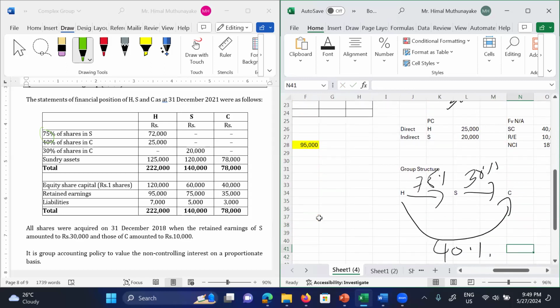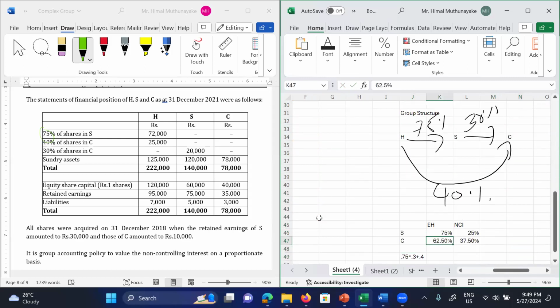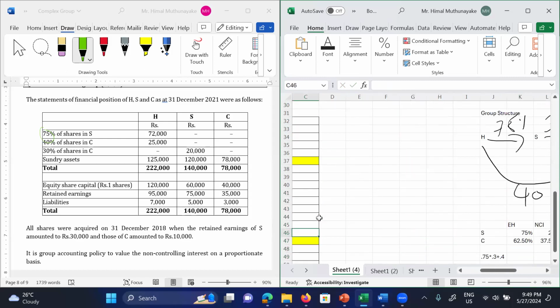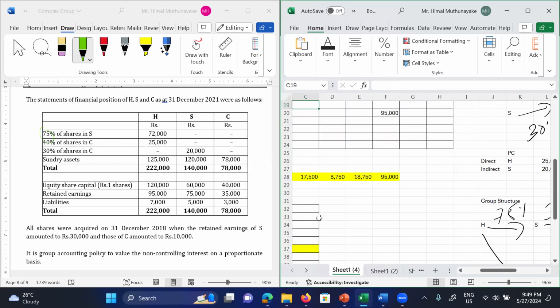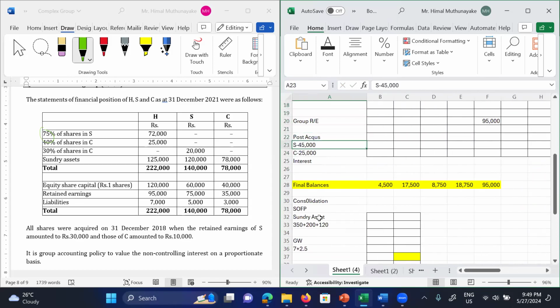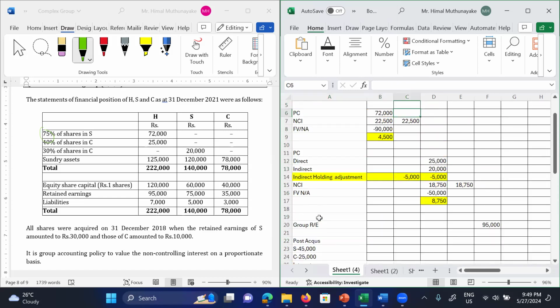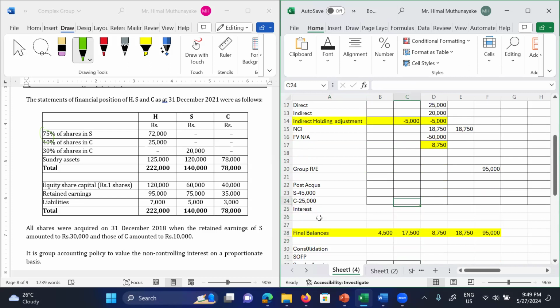and you need to separate within the consolidation retained earnings and the NCI. So effective holding would be 75-25 for the S, and for C 62.5 to 37.5. So out of 45,000, 25% would be 11,250, and here out of 45,000, if we deducted 11,250, I think 33,750, right?